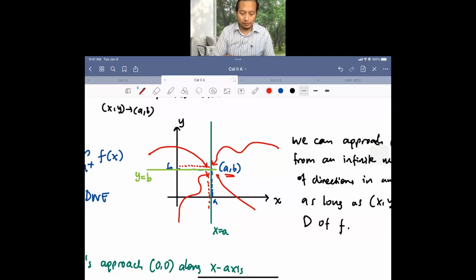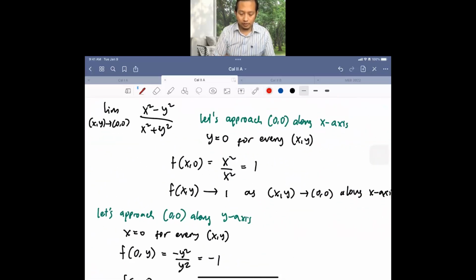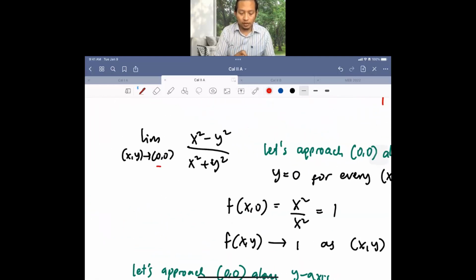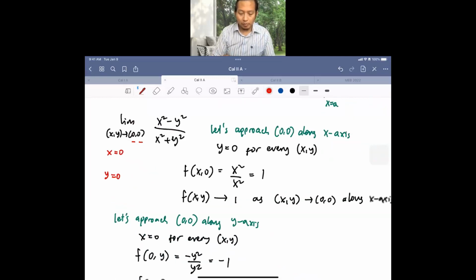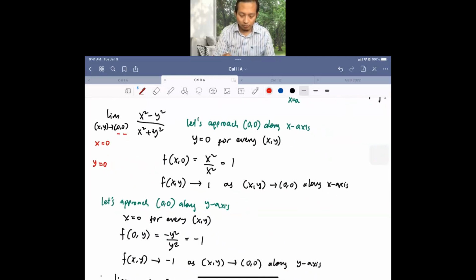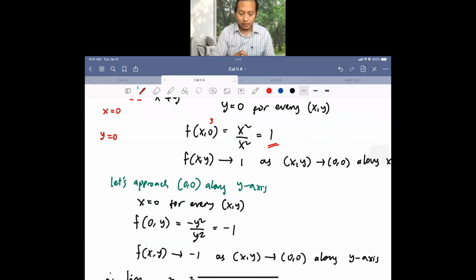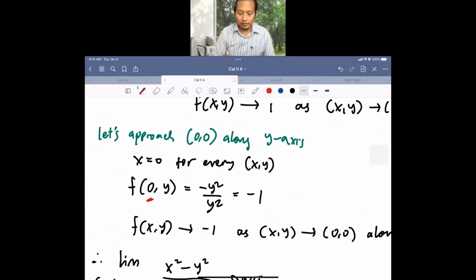For example here, when we have (x, y) approaching (0, 0), then we can take x equals 0 and approach the limit along y, and then y equals 0. By comparing these two, when y equals 0 the result is 1, and when x equals 0 we have negative 1.